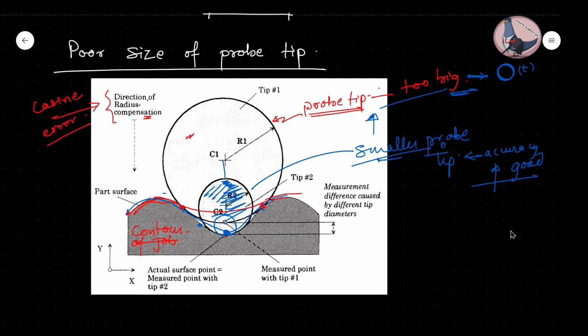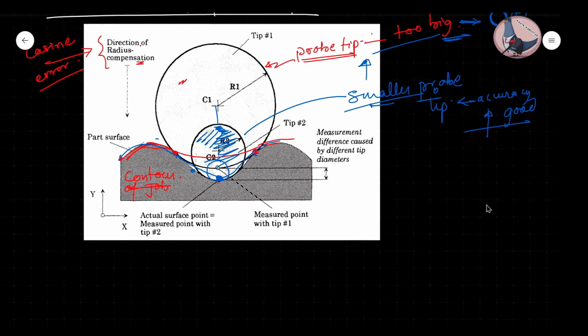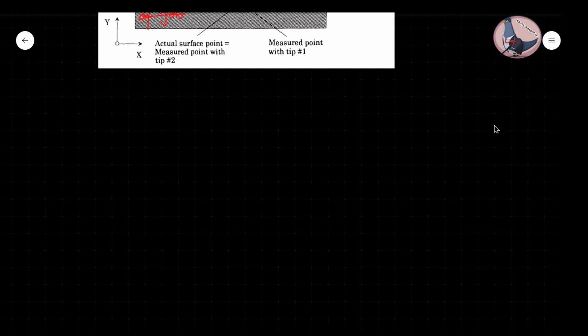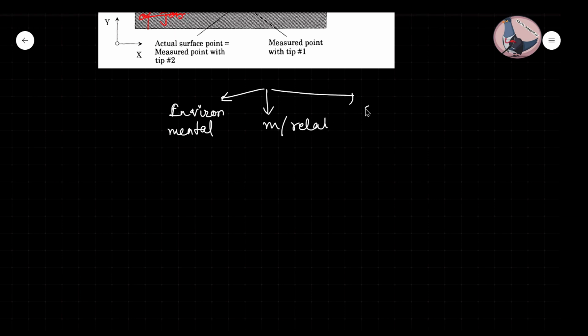Now with this, our three reasons from where the inaccuracy in CMM can come finish. What were the three? Let me brief it up. One was environmental, the second one was machine related, and the third one was due to operation. In the environmental one there were dirt, temperature, etc. In the machine one, an important thing was the Abbe offset.